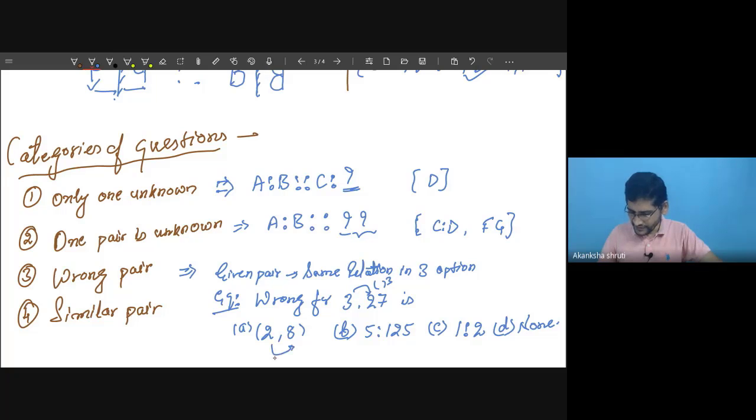Yes, the cube relation is followed here. 2 cube is giving us 8, 5 cube is giving us 125, but 1 cube shall give 1 itself. So in place of this 2, if it is 1, then it was also followed, then none was the correct option. But here in this case, we are getting C as the correct option. Or in place of none, you may take some other one.